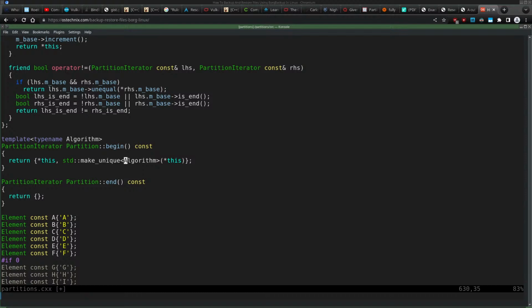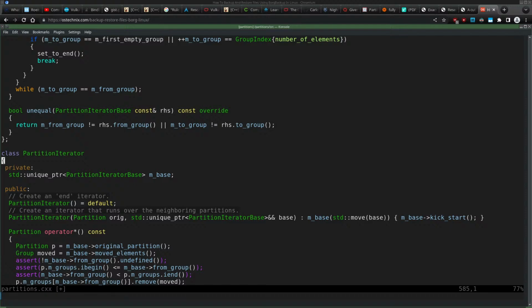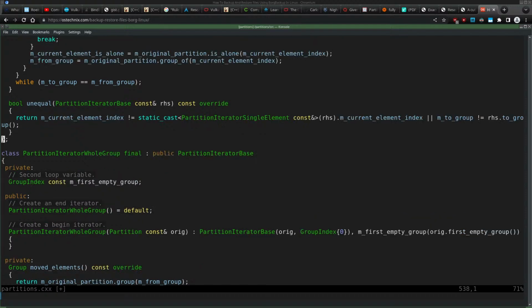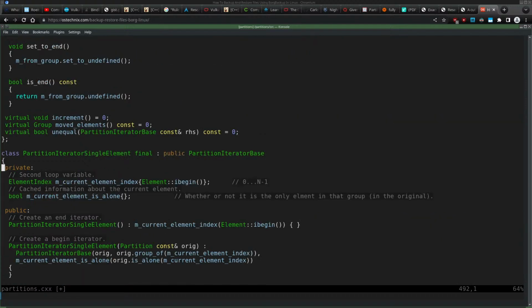And that creates, this creates algorithm, which happens to be, I think still this one.